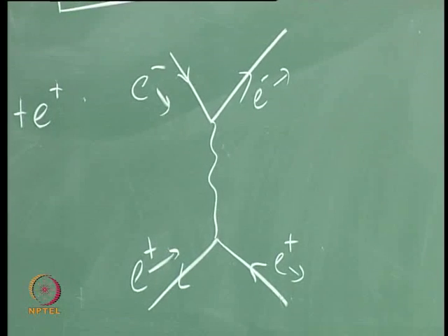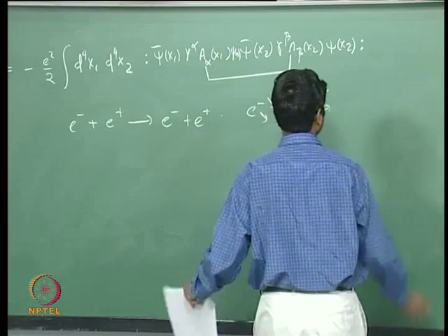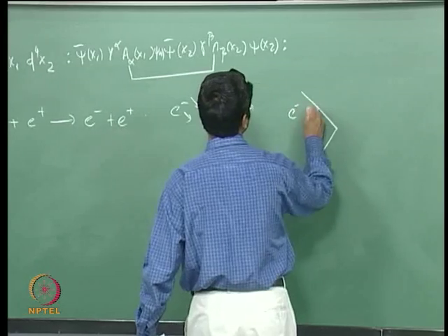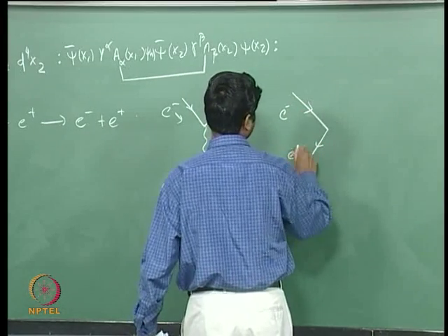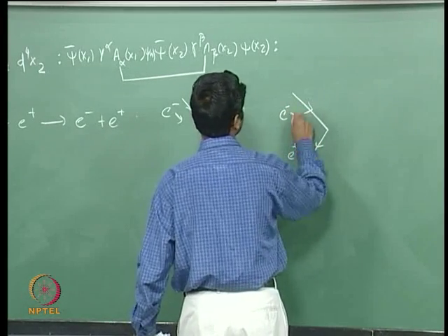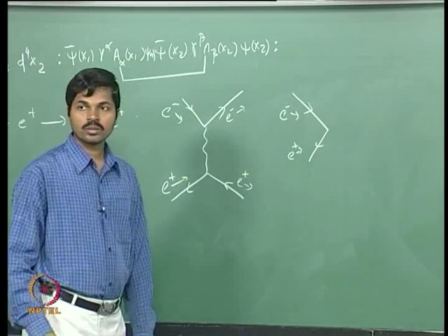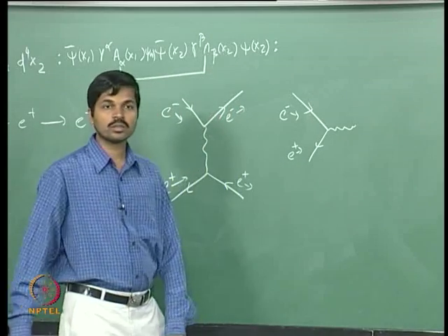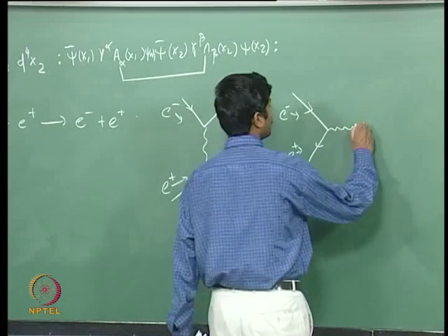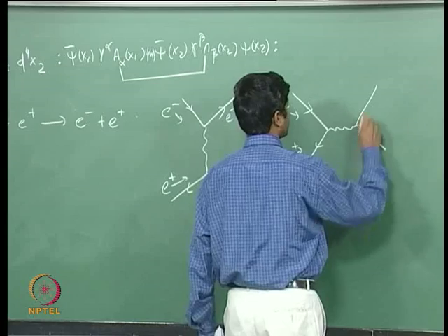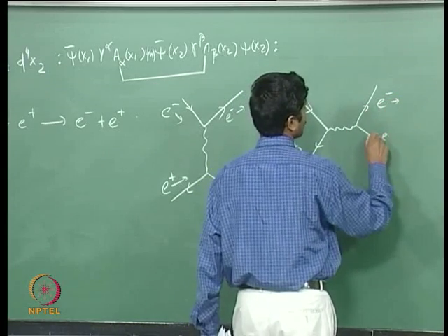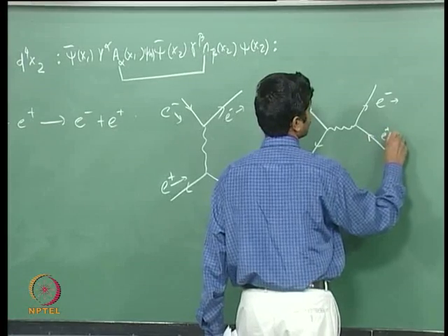So this is a possibility. This is also a possibility. You have an incoming electron and you have an incoming positron. Okay. They annihilate, produce a virtual photon, and then this virtual photon goes into an outgoing electron and an outgoing positron.